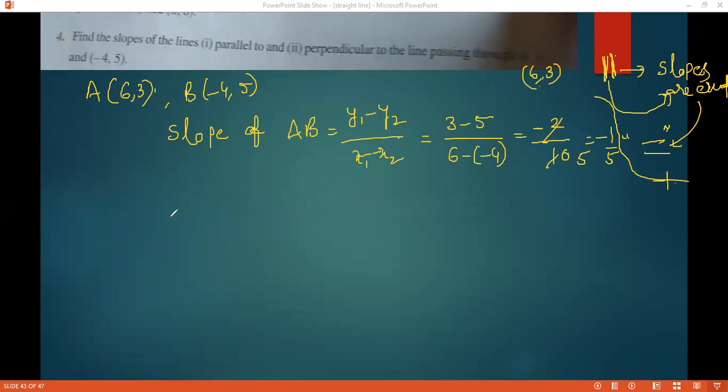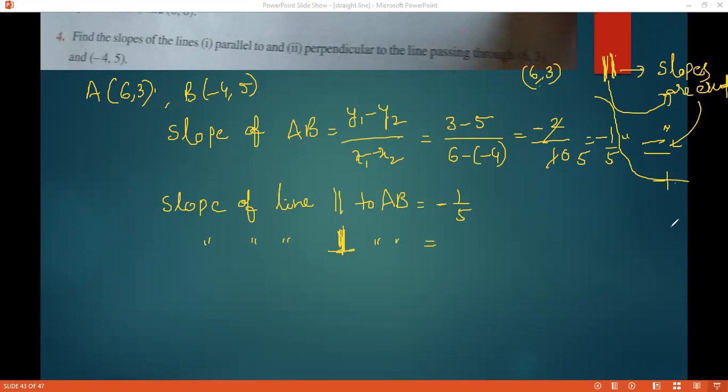And the slope of the line parallel to AB is minus 1 upon 5. Next, the slope of the line perpendicular, not parallel, perpendicular to AB.